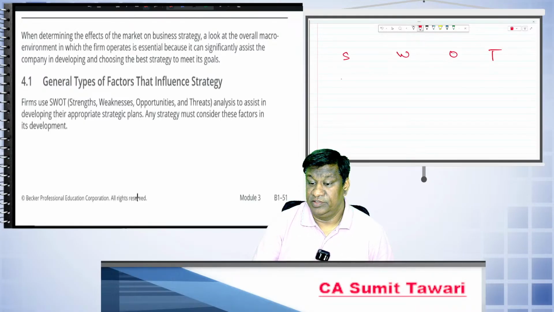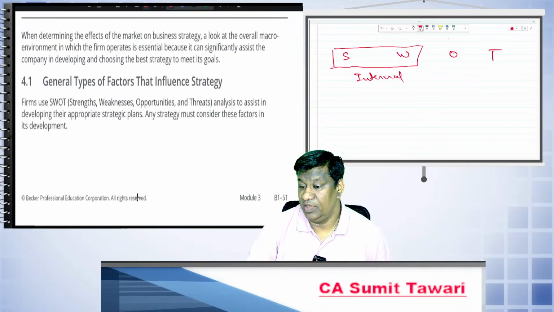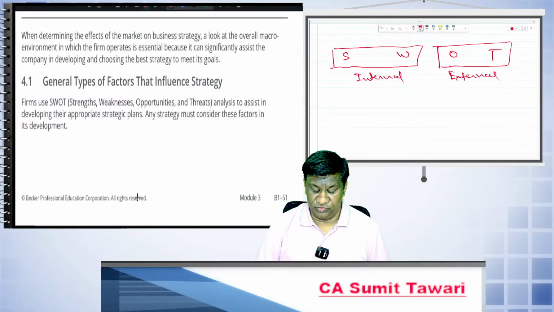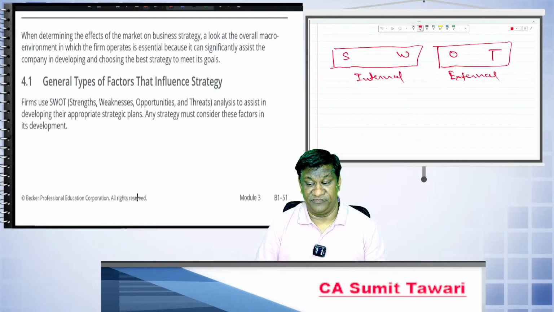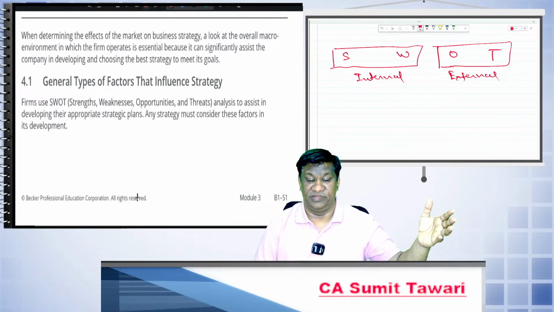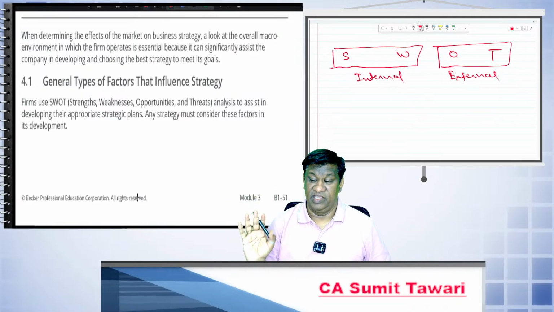Strengths and weaknesses are internal, and opportunities and threats are external. Whenever you are making any strategy, you need to evaluate what my strengths and weaknesses are, so it is internal. Whatever market opportunities are available to me, and what threats I may need to face, these are basically external.